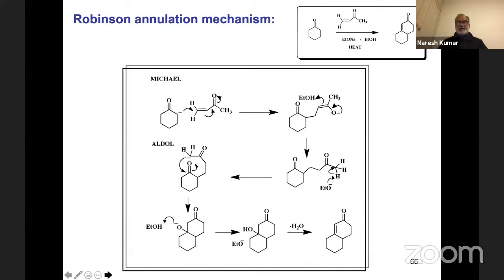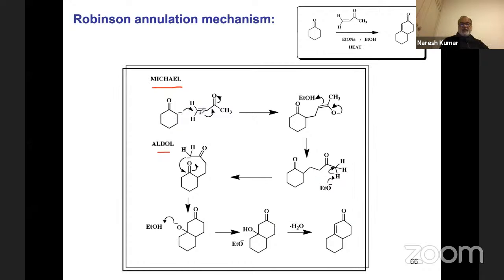And this is my last slide of the day, giving you the actual mechanism of the Michael addition reaction and the aldol condensation reaction, to give the fused compound, which I had on the last slide. And the mechanism is self-explanatory. And I gave you some hints already in the last slide what the mechanism was. You generate that carbanion in the presence of a base.